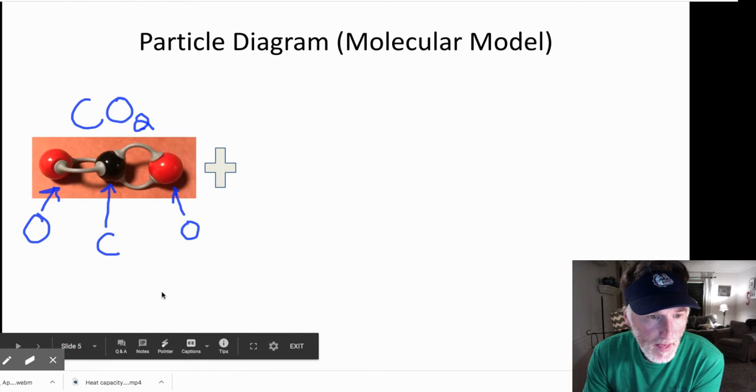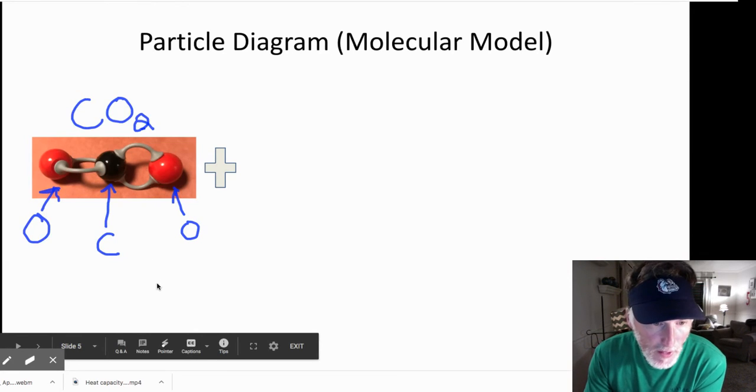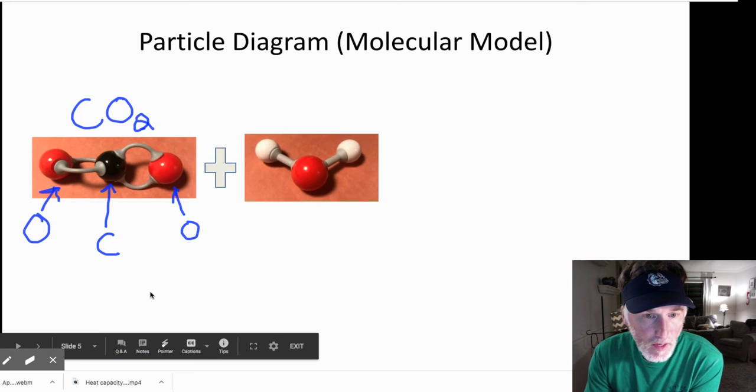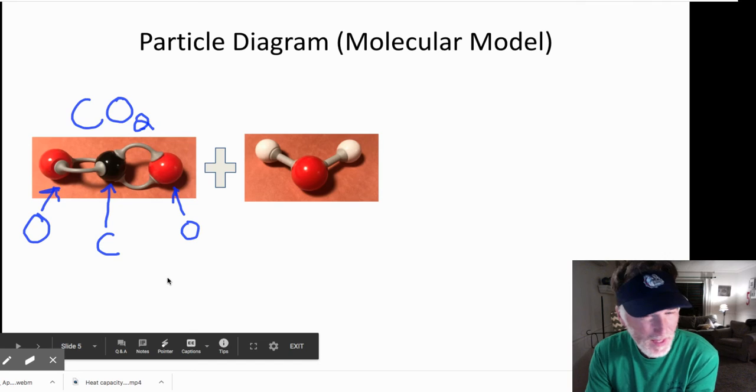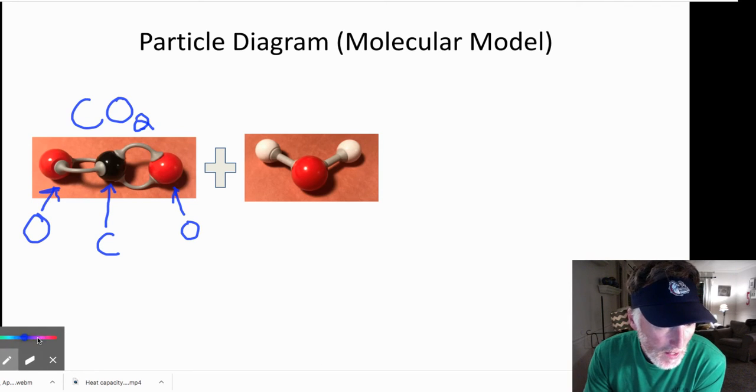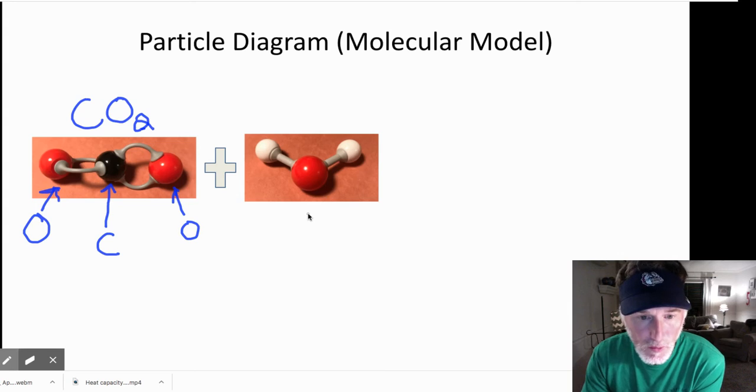Well, we know that this carbon dioxide, if she's breathing into the water, is going to combine with water. And that's what BTB mostly is. It's mostly water. So we have our water molecule over here. We know that BTB is kind of like a side thing. It's just making a color change for us. So let's take a look at the water molecule. In water, we have an oxygen atom here, the same color as the one over here.